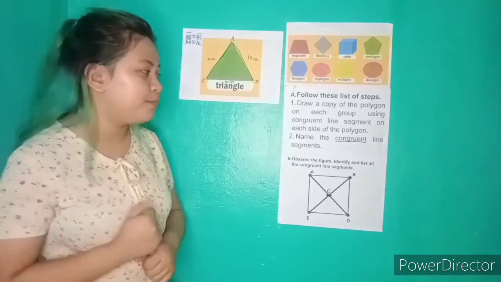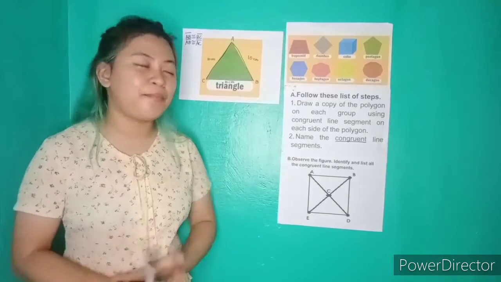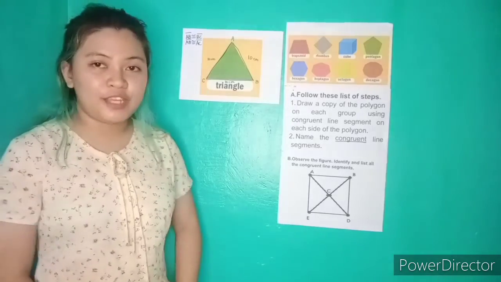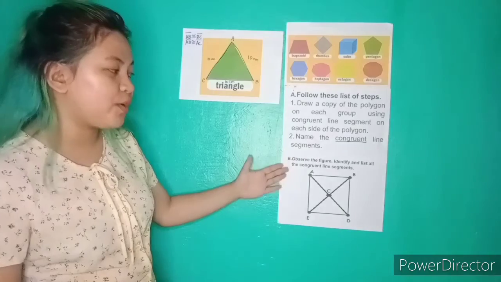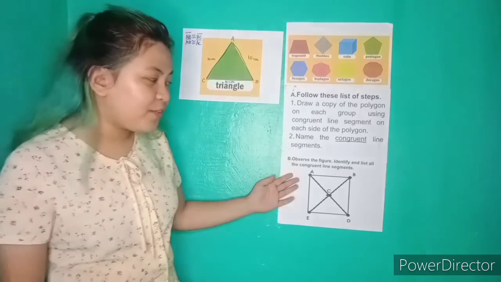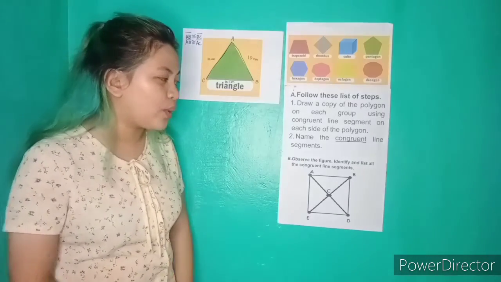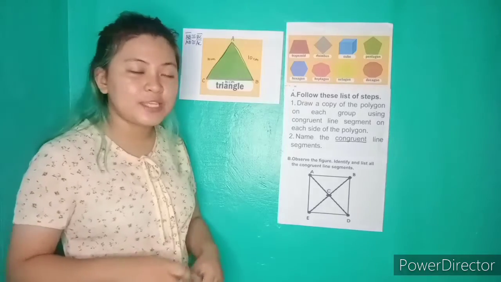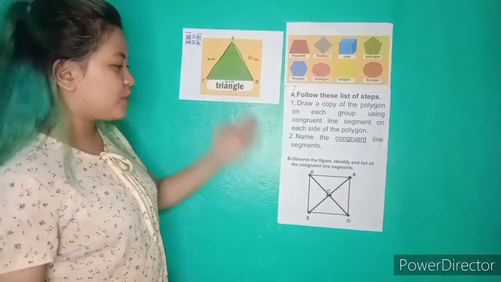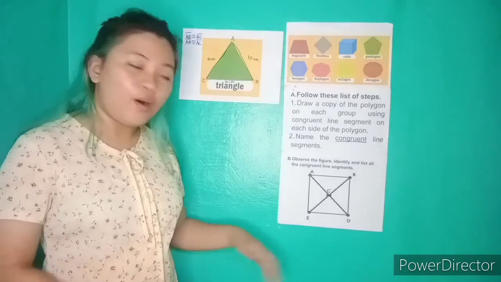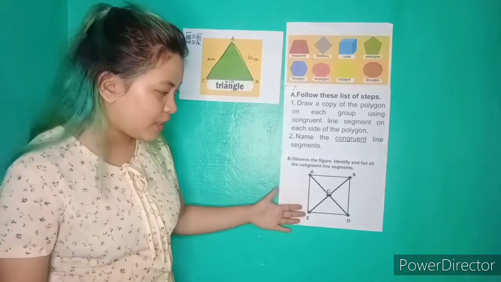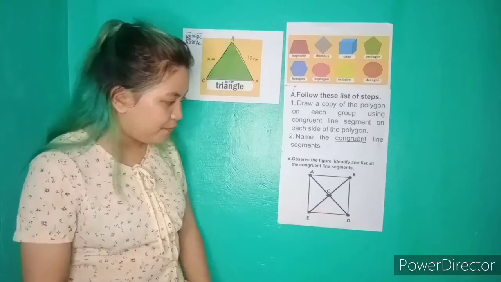Okay, very good. Now let's proceed to part 2 of your group activity. We have here the direction: observe the figure, identify and list all the congruent line segments. It's the same thing as here; you're just going to identify and list all the congruent line segments that you can find in this figure.